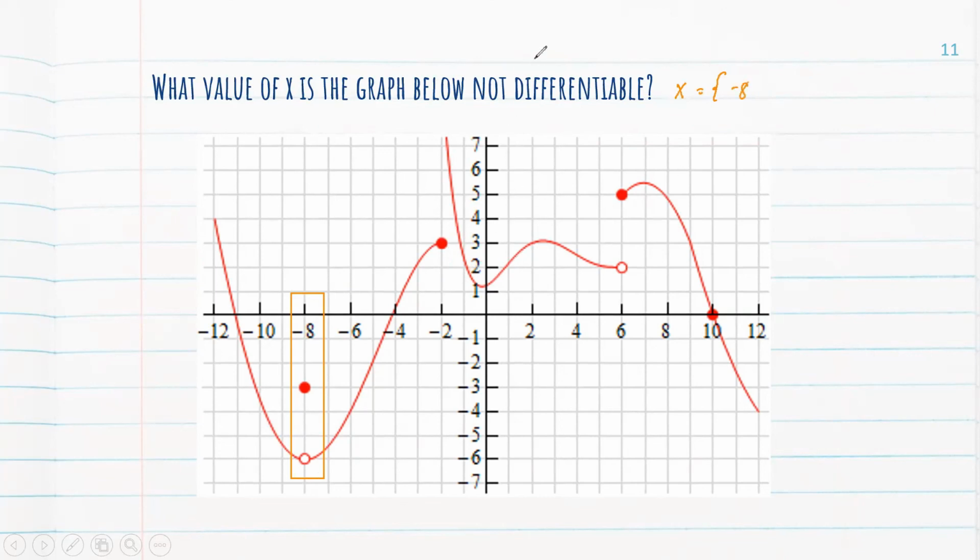Next, we also have x equals -2. And lastly, we have x equals 6.